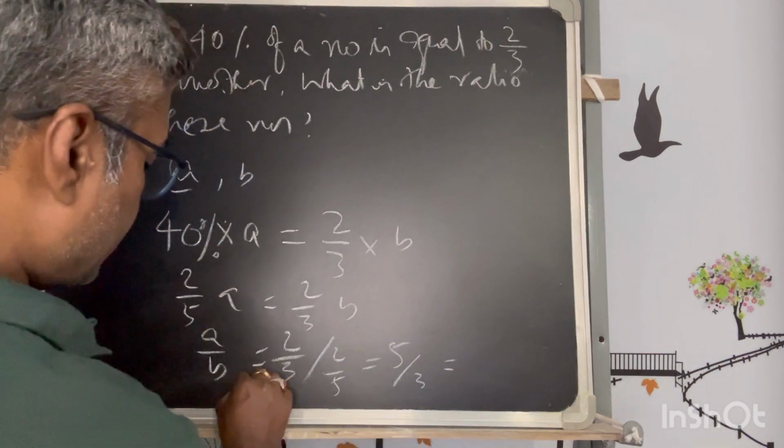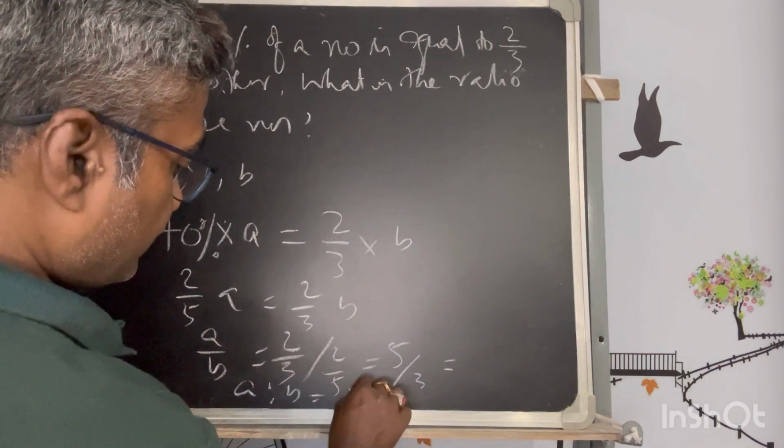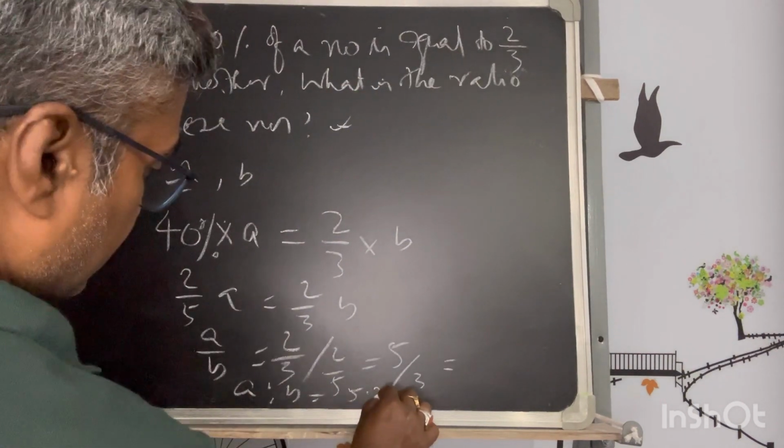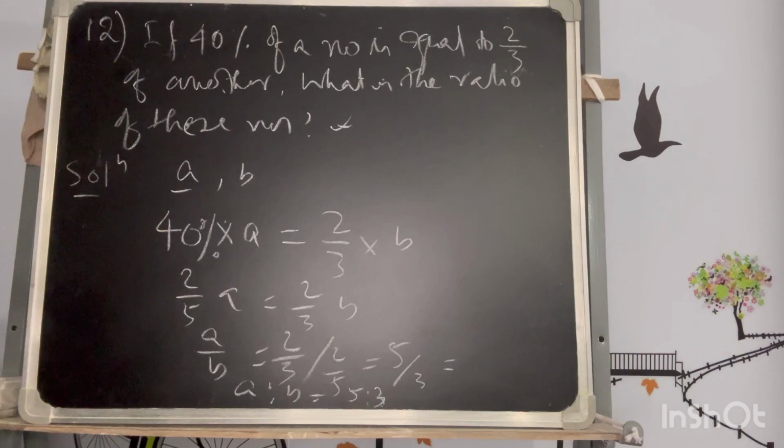That means the ratio of A and B is 5:3. So this is your answer. Okay, 5:3. Understood? Okay.